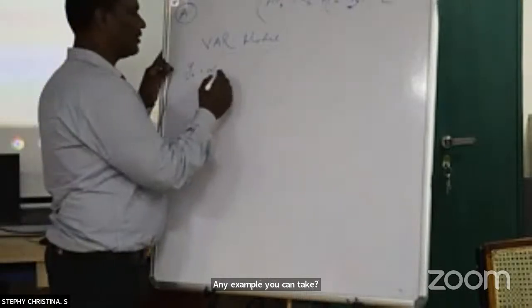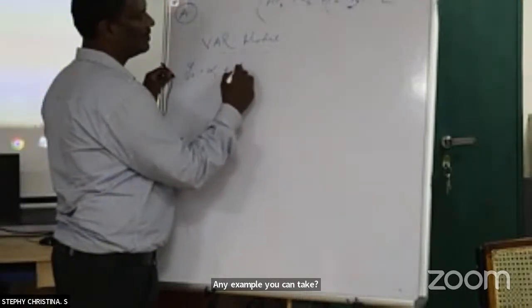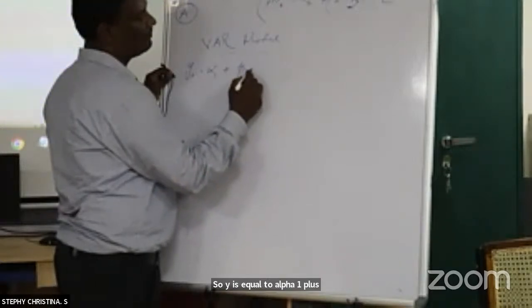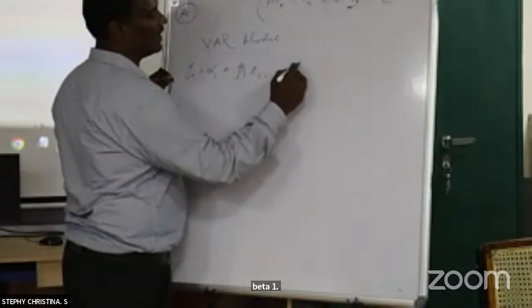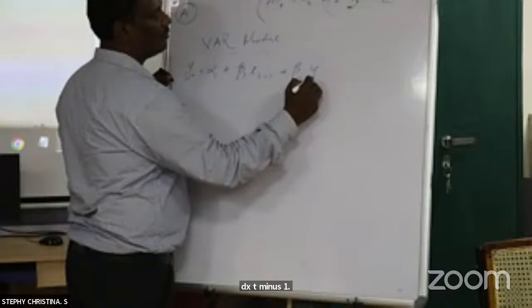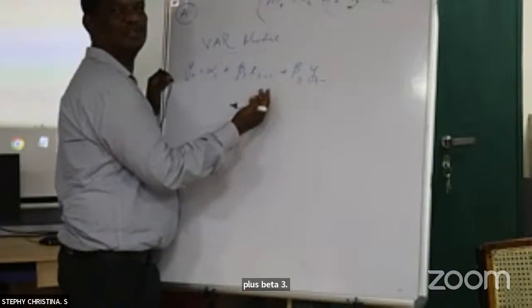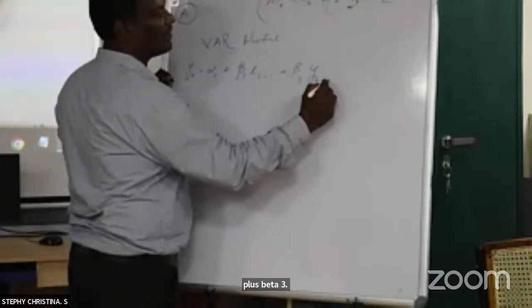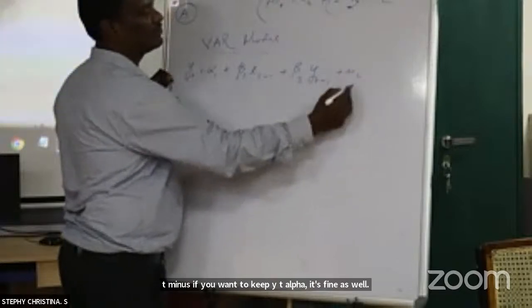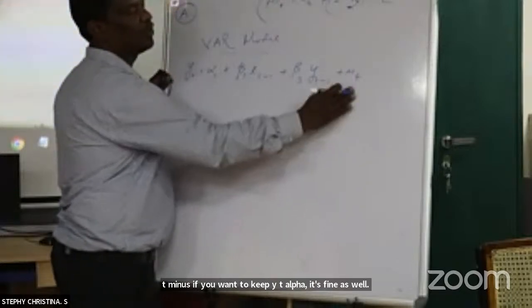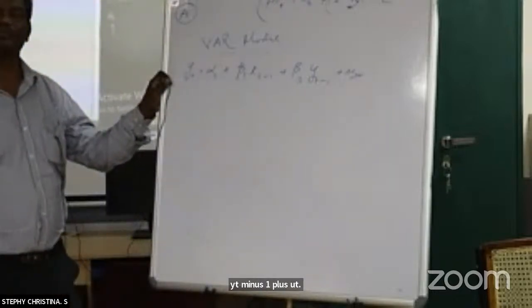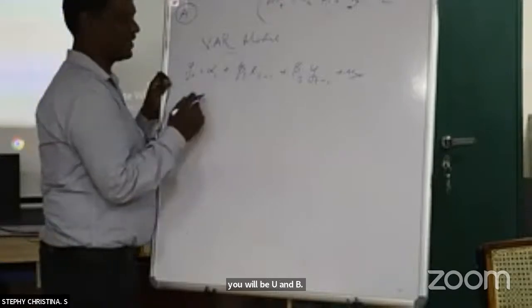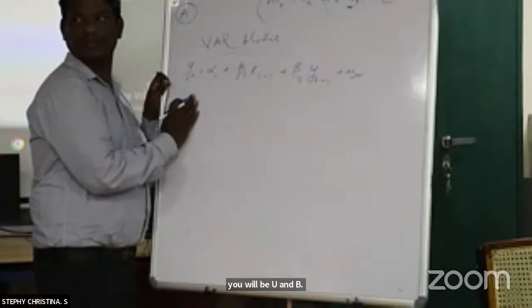So yt is equal to alpha 1 plus beta 1 xt minus 1 plus beta 3 yt minus 1, if you want to keep yt also, it's fine here, plus u1t. There is one more residual.